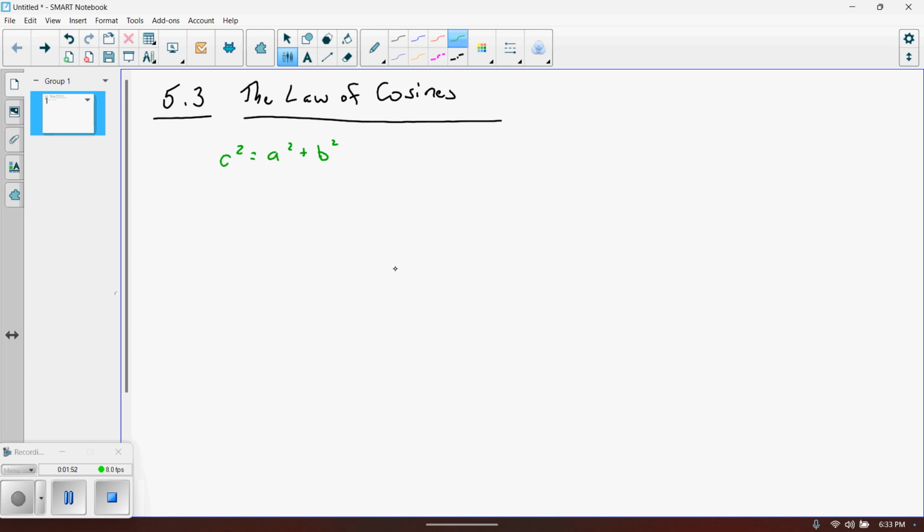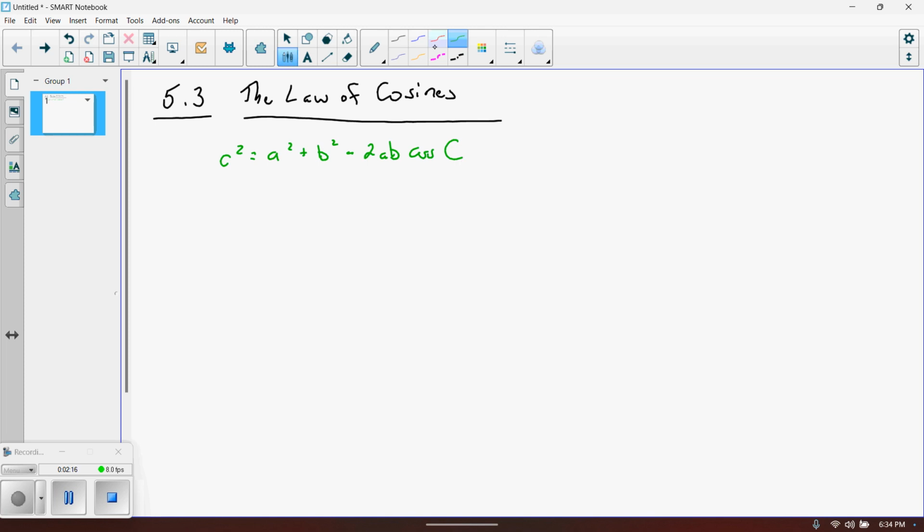There's a little bit more to this, which is minus 2ab cosine of capital C. So that minus 2ab cosine of capital C is the only difference between this and the Pythagorean theorem. And there's a reason for that. We'll get to that as we do the examples.